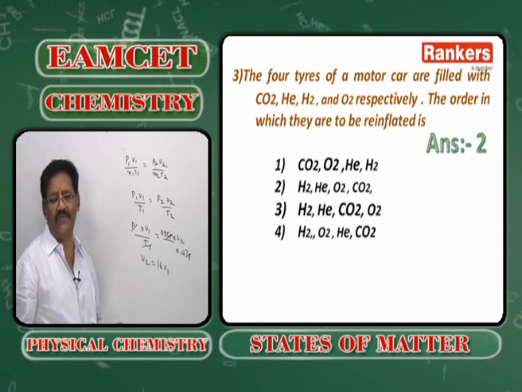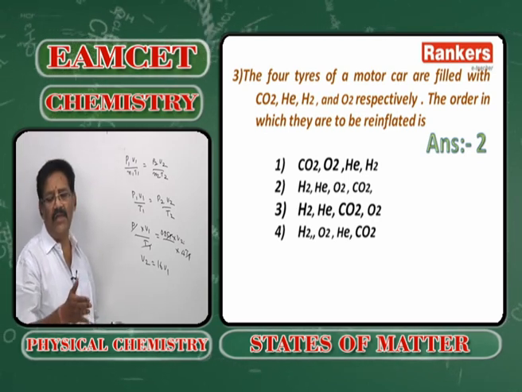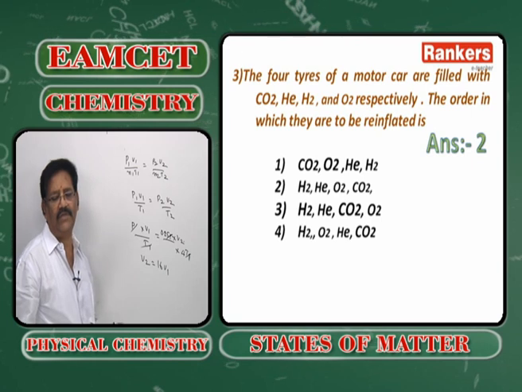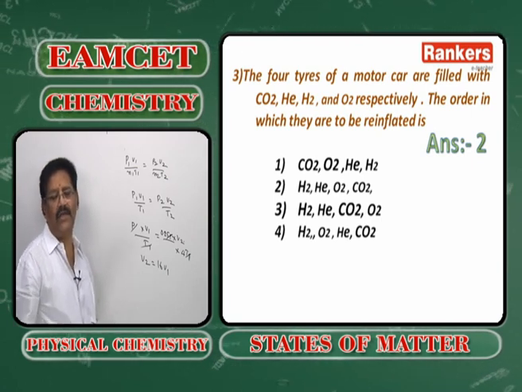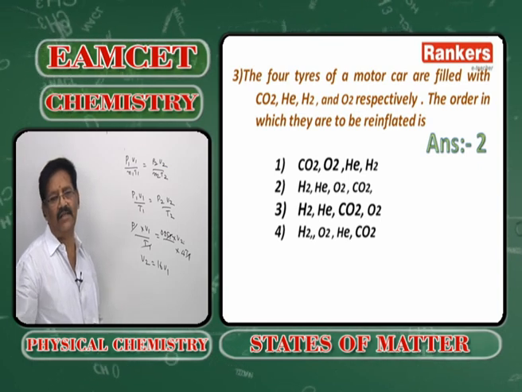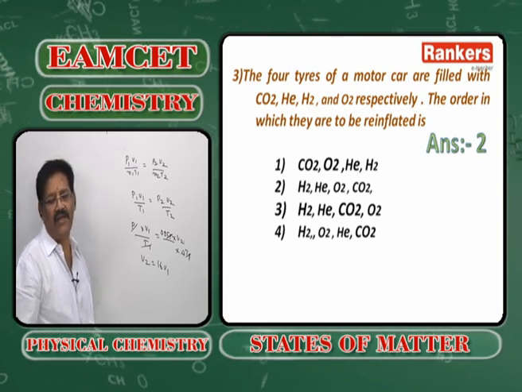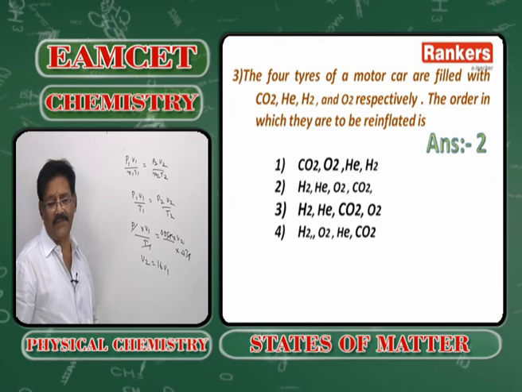They get reinflated in the order of increasing molecular weight, which gets reinflated earlier: hydrogen, followed by helium, followed by oxygen, followed by carbon dioxide. Option 2 is the answer.